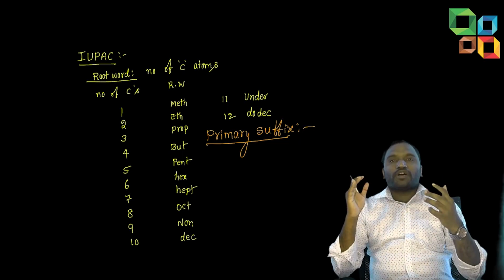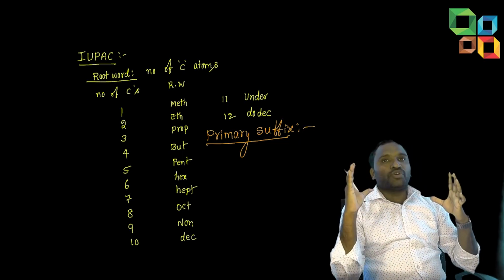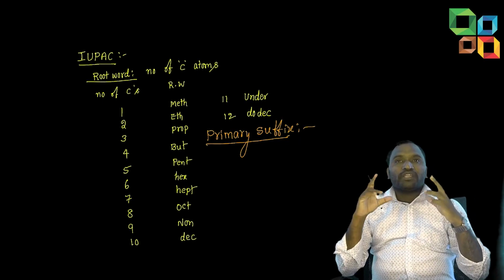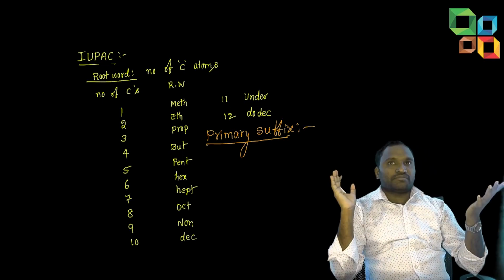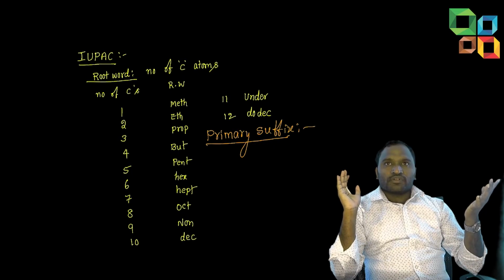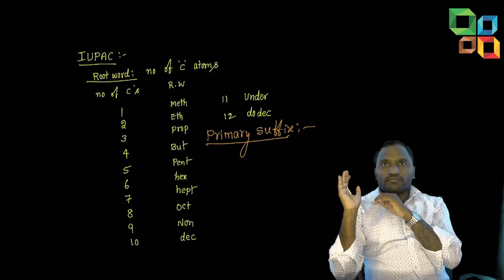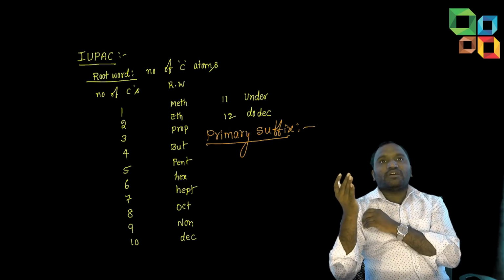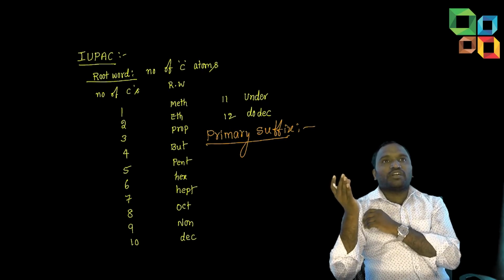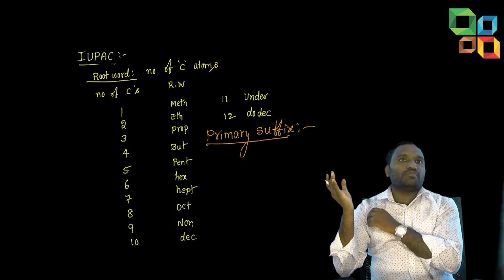We know the number of carbons: eth, prop, but, pent we will write. Whether we have to give ane, ene, or yne? How do we come to know whether a double bond is present or a triple bond is present or only single bonds are there among the carbon atoms?